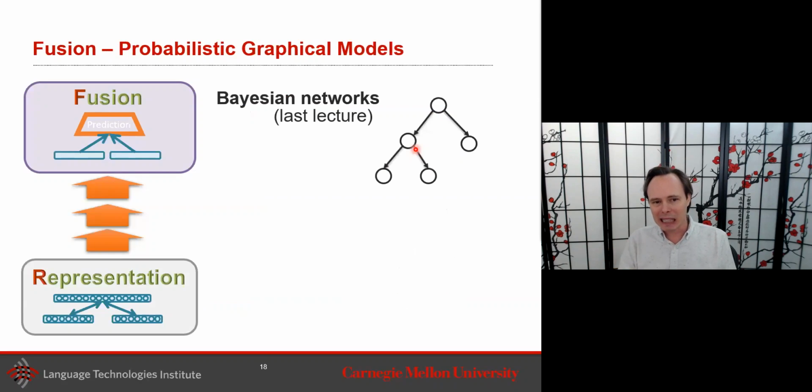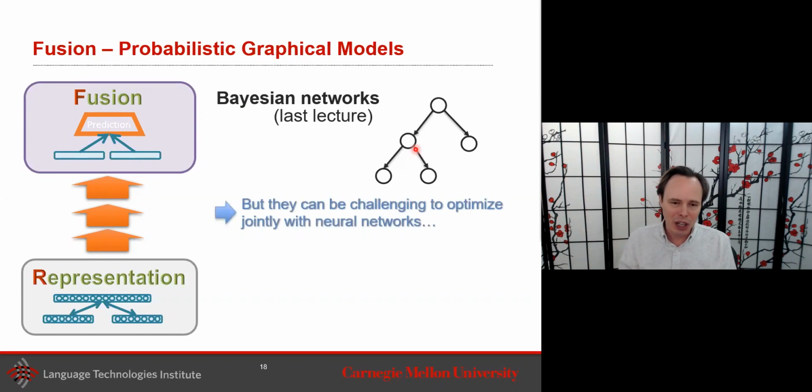Last lecture, we talked about Bayesian networks as a way to take that domain knowledge and model it. And they're great, and I still love Bayesian networks very much, but they come with a challenge. When it comes time to bring Bayesian networks together with neural networks, optimizing them gets a little bit challenging.